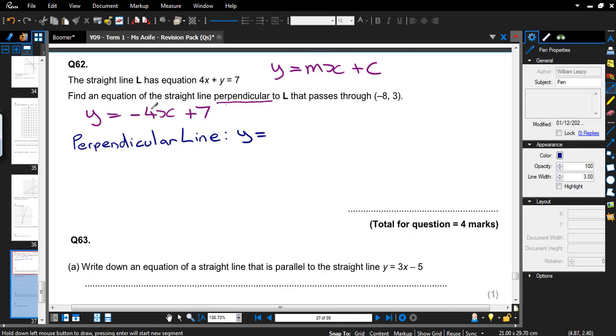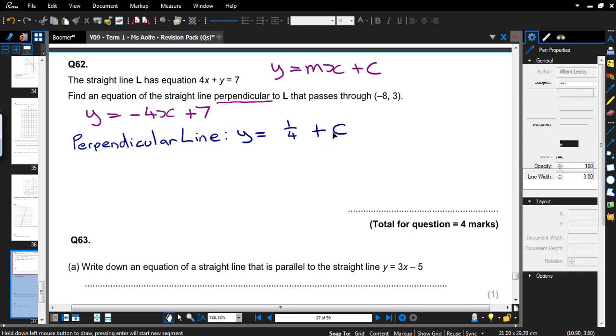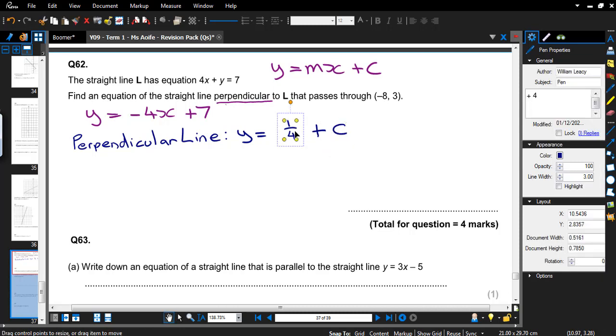So m is going to be, you invert this, that means you turn it upside down, so it becomes 1/4, and you change the sign. So you just make it positive. We don't know where it crosses the axis, because y equals 1/4 x plus c. What am I talking about? I'm going to move this over, actually, if I can.